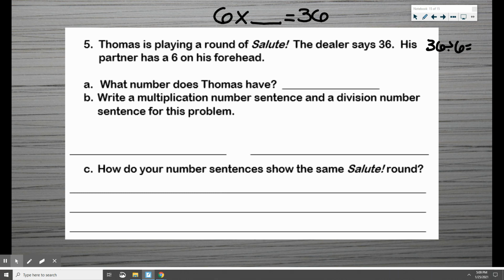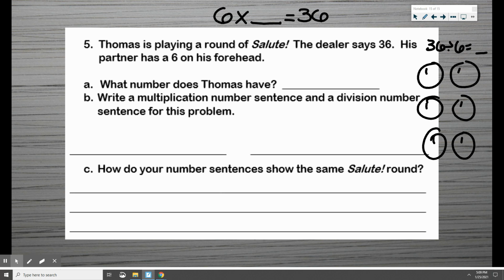36 divided by 6 equals my unknown number. So I'm going to draw 6 equal groups, and I'm going to split 36. So I'm going to do 1, 2, 3, 4, 5, 6, 7, 8, 9, 10, and so on up to 36.